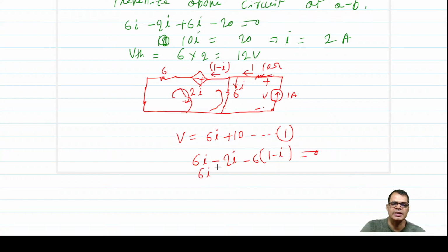So 6I minus 2I minus 6 plus 6I equal to 0.